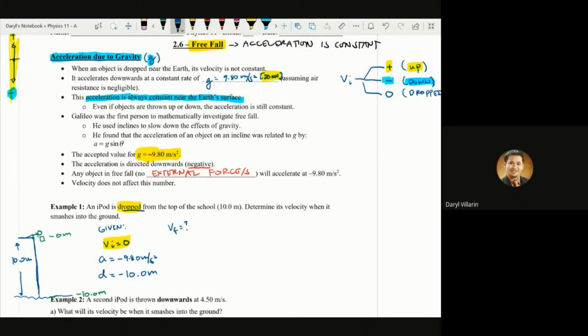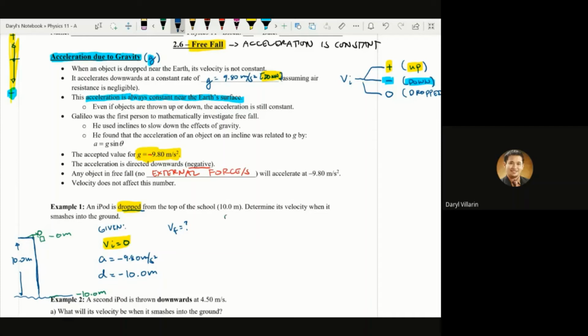A freely falling object has constant acceleration, so therefore we can use those equations. Examining the things that we have and the things that we don't have, in this particular case, we're not given the time. So of those displacement equations, there's only one equation that doesn't contain time.